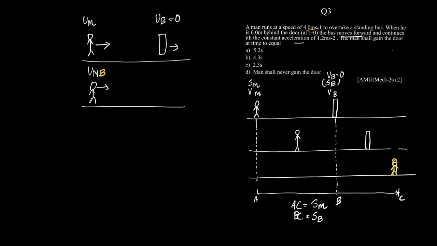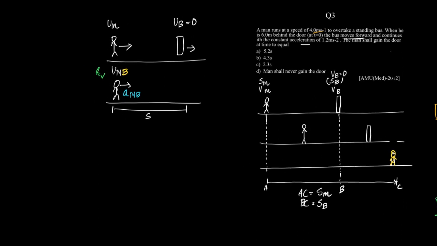And the distance between them remains the same. This umb is what we call the relative velocity. And since there is acceleration here, we consider this object moving with the acceleration of man with respect to bus. Now the idea will become more clear when you see how the solution is done.